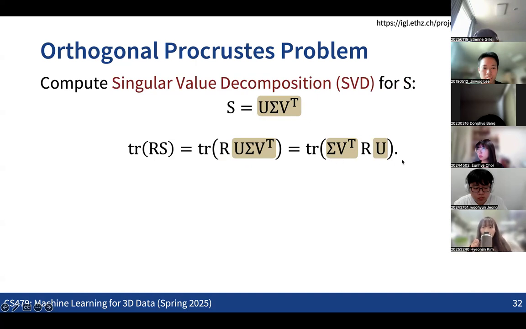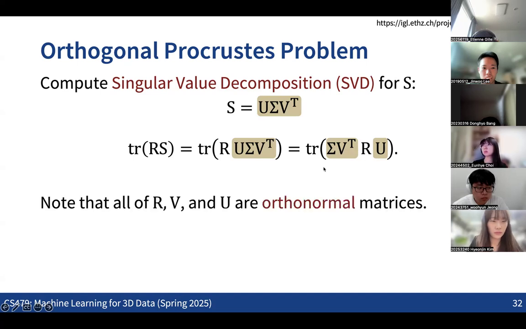Now we get this other form of the trace. Make sense? So now the trace form becomes sigma times V transpose times R times U. The reason why we are doing this reordering is that V transpose times R times U are all orthonormal matrices, right? So we have a sequence of this diagonal matrix and the three orthonormal matrices.